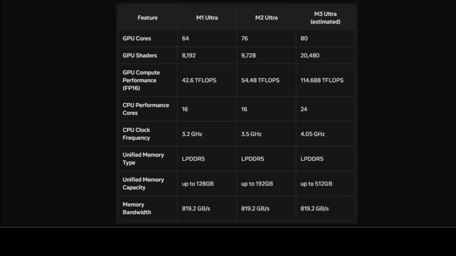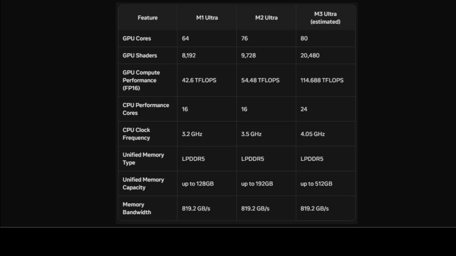Regarding CPU performance, the M3 Ultra again surpasses earlier generations by offering increased performance cores, 24 versus 16, and higher clock speeds around 4.05 GHz, whereas previously it was 3.5 GHz in M2 Ultra and 3.2 GHz in M1 Ultra.